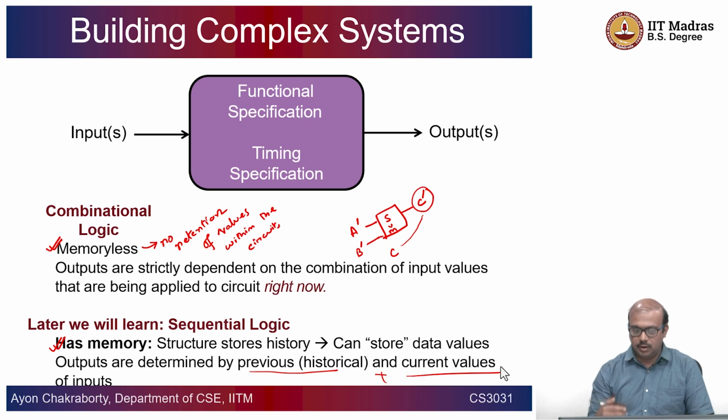When you study the organization of a computer, there is a vital component of how instructions are executed one after the other. So there is a concept of a timer or a clock that is going to come, right? We are going to cover that when we start studying sequential logic.